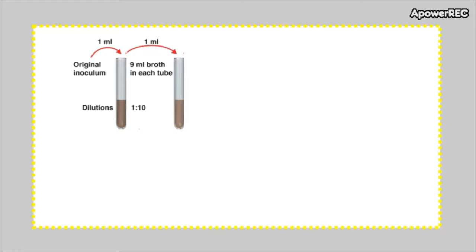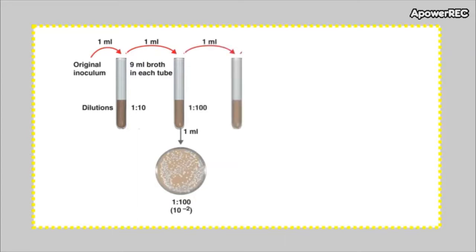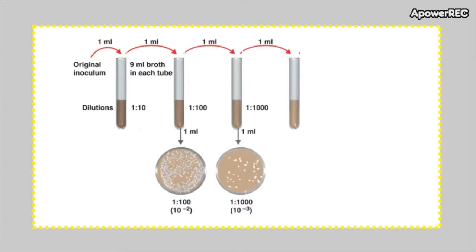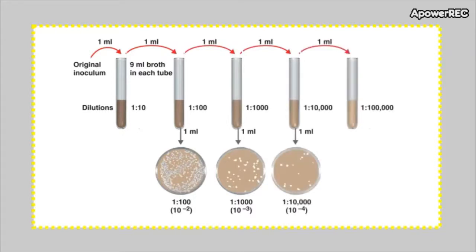1 ml into one broth tube. You mix it, take 1 ml and put it into another one. And you do a series of serial plating in order to try and reach a number of cells on a plate that are countable. And here we see this very last plate appears to have a countable number of cells that can be visualized as distinct, what we call CFUs.